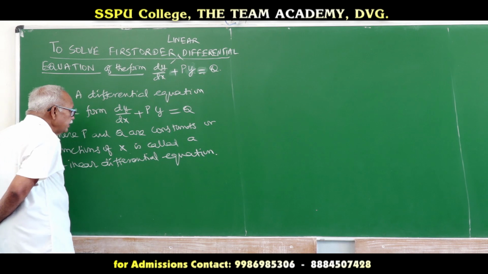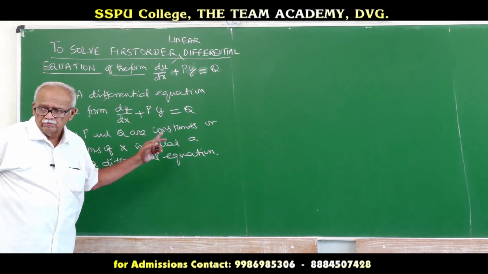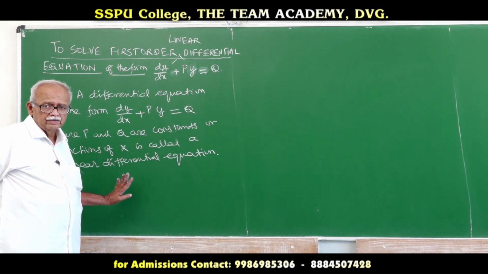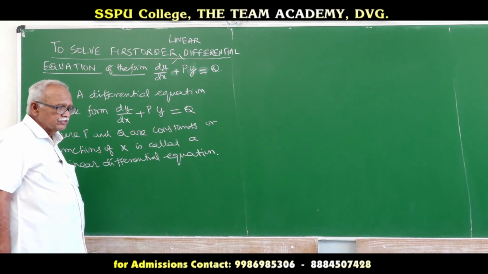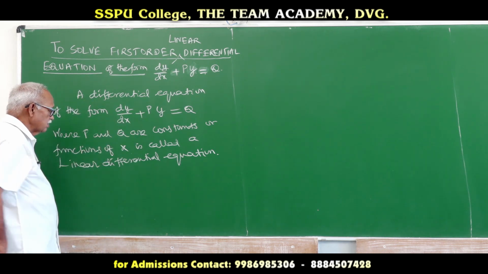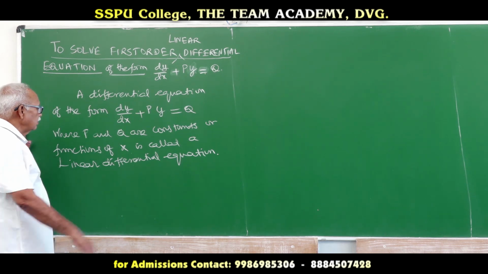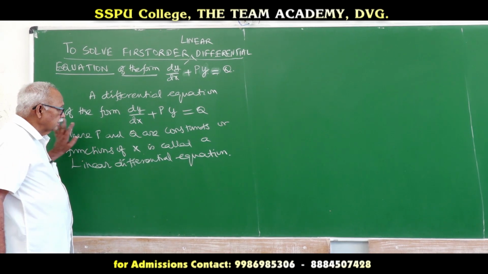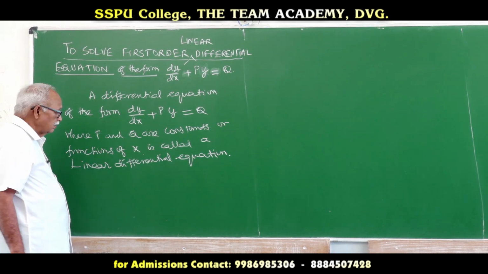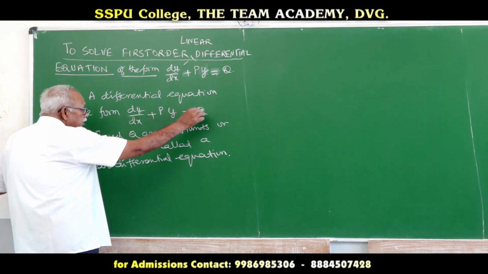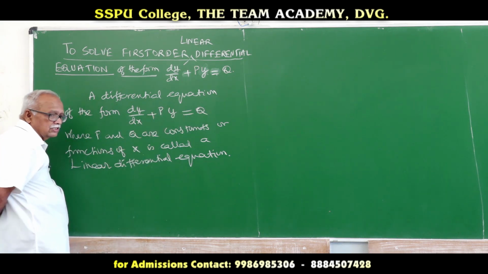So any equation of the form dy by dx plus p of y is equal to q is called a linear differential equation. Of course, it is a first order. We are not going to see higher order linear differential equations. This is the first order differential equation. So the degree is 1. So first order dy by dx only we are getting. Order is 1 and linear, where p and q are constants or functions of x.